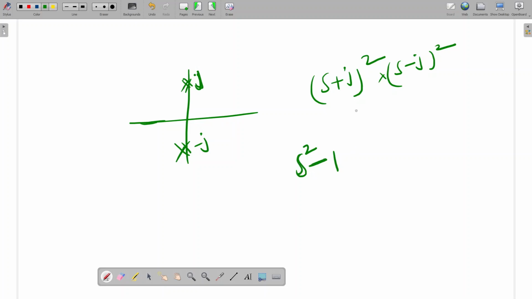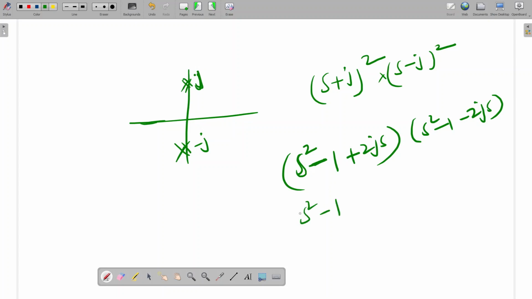Expanding, s squared plus j squared plus 2js, and here s squared plus j squared minus 2js. So a plus b and a minus b we can apply here. s squared minus 1 is a, so a squared minus (2js) whole squared.